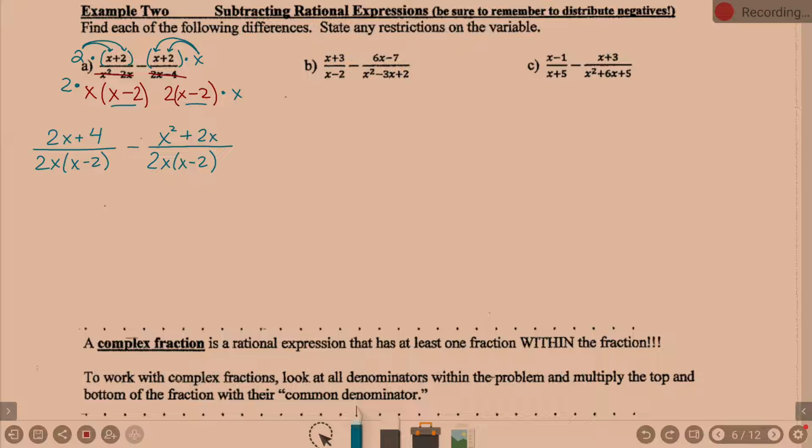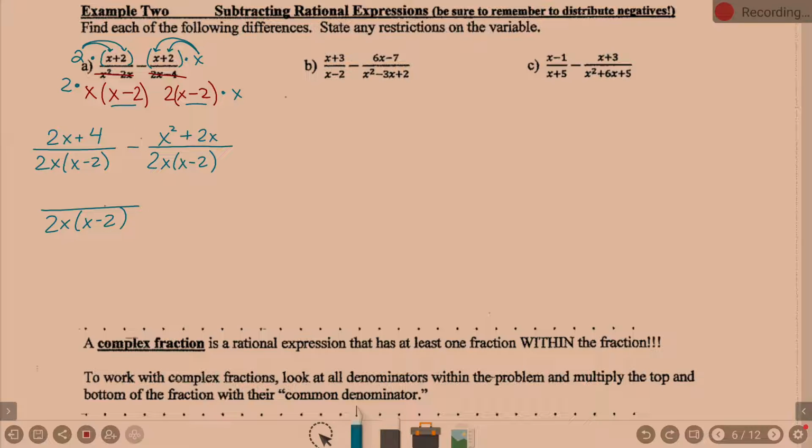We have a common denominator, yes? So we are ready to subtract fractions? Okay. Let's subtract fractions then. As I put this together, what do we know our denominator is going to be at this point? 2x times x minus 2.